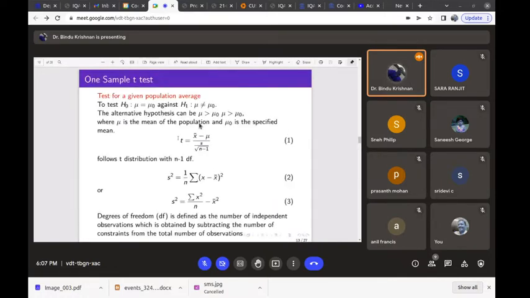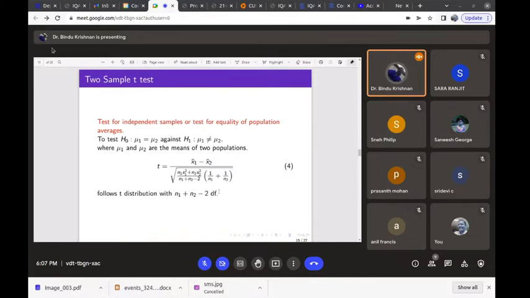So similar to this test statistic, actually here we use the test statistic. Of course, it's a lengthy equation, but only two terms we are using here: x bar 1 and x bar 2. Simply, x bar 1 is the average of the first set of sample. X bar 2 is the average of the second set. Then S1 square and S2 square are sample variances of the two sets of samples.